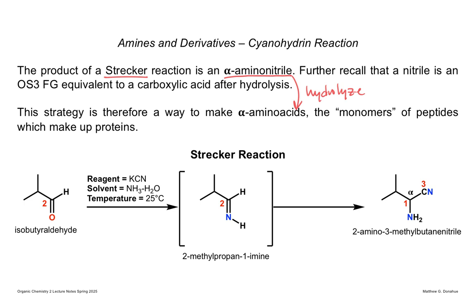So the way this will work, we start with our functional group. I'm going to show aldehydes for this purpose. We have oxidation state 2. We're going to treat that with potassium cyanide in the presence of ammonia water.